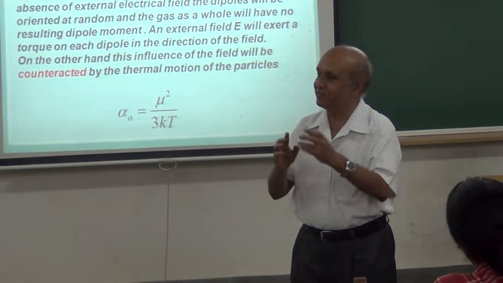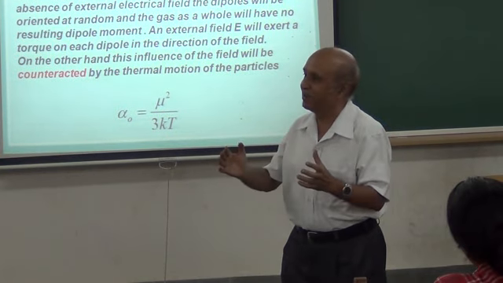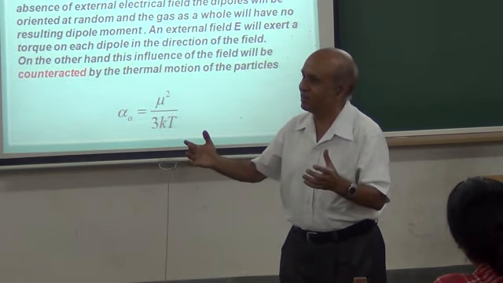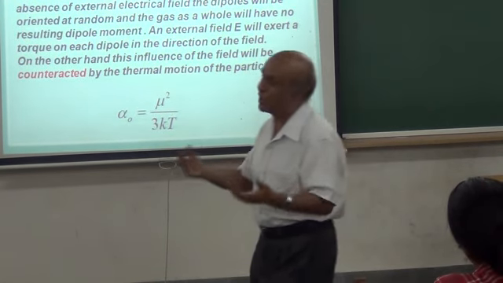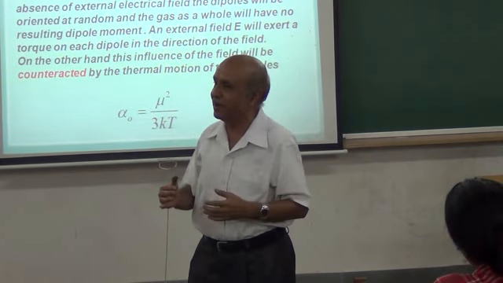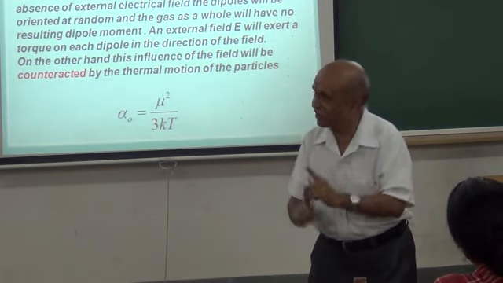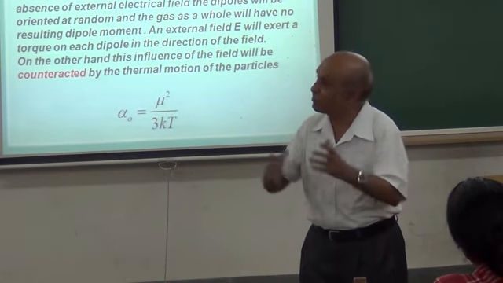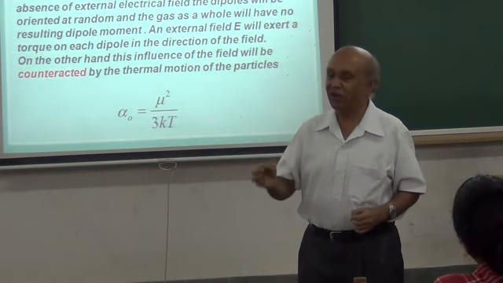So dipole moment and symmetry are very, very important. Even without doing an experiment, I can tell that if it is cubic symmetry, it won't have one. Tetragonal, it will have, because there is one direction different from the rest. There is no center of symmetry. So these are our transitions.